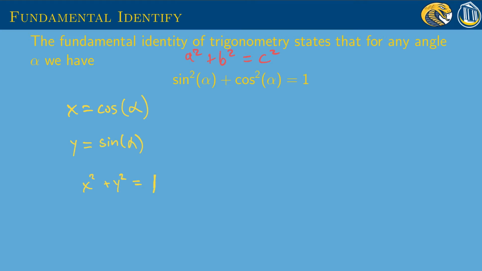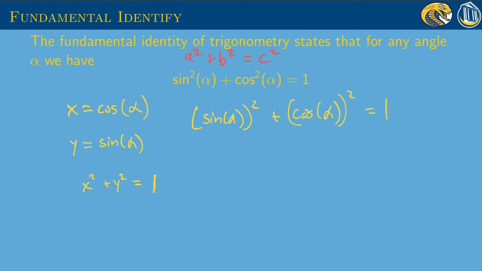But since this is a unit circle, the hypotenuse is always 1. Substituting sine and cosine into this equation as appropriate, we get our fundamental identity, sine squared of alpha plus cosine squared of alpha equals 1. And to be very clear, this means that sine of alpha squared plus cosine of alpha squared equals 1.